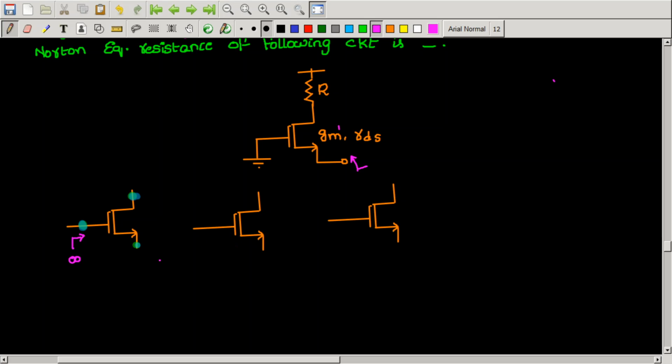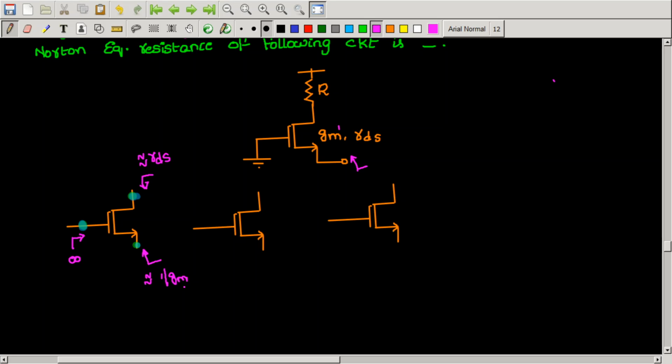Now if you are looking from the source of the MOSFET, the resistance will be approximately equal to 1 by Gm. Remember that. If you are looking from the drain of the MOSFET, it will be approximately equal to RDS. So when you are looking through the drain of the MOSFET, it will provide you high resistance in the order of RDS.